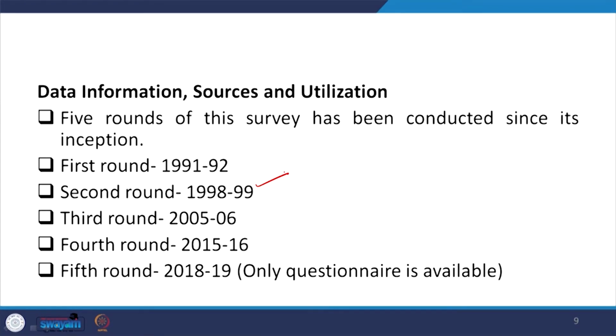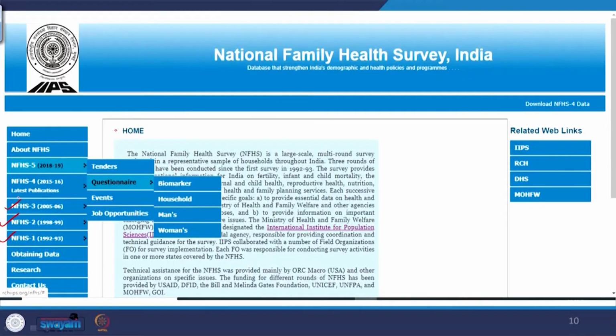The fourth occurred in 2015-16, and the fifth is in process and about to be published soon, as reported on their website. So far only the questionnaire is available in this regard, and this is in fact the original source where you can understand which are the rounds. This is NFHS 1, this is NFHS 2, 3, 4 and 5, and for 5 here we have highlighted questionnaires.